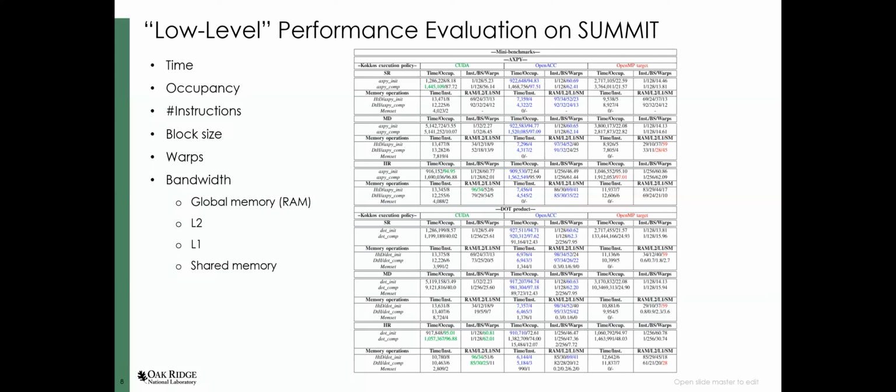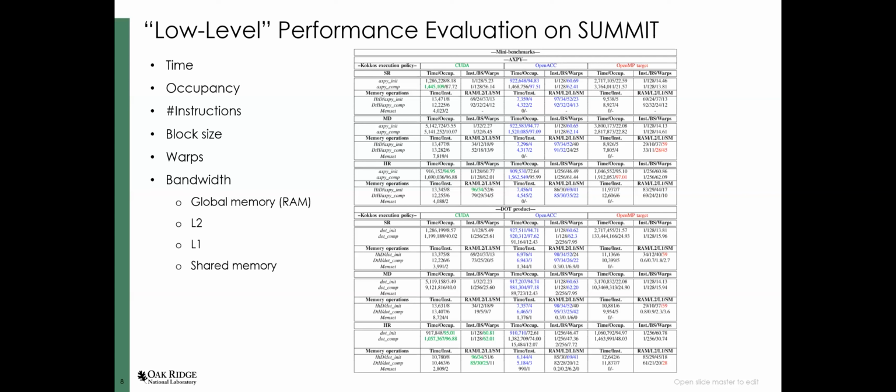Once again, we evaluate this by running this test using 3 different backends: CUDA, OpenACC, and OpenMP target. The numbers highlighted using different colors, red for CUDA, blue for OpenACC, and red for OpenMP, are those that provide the best numbers for that specific test case and metric that is evaluated, right?